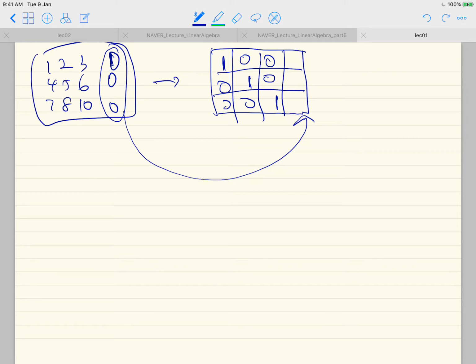In the case of Gaussian elimination, you can easily find that, regardless of this part, the part that corresponds to the coefficient values will always be the same, regardless of those B vectors, right?